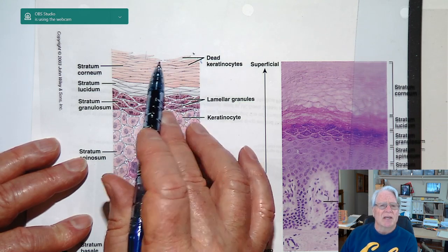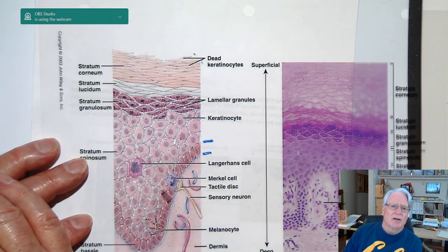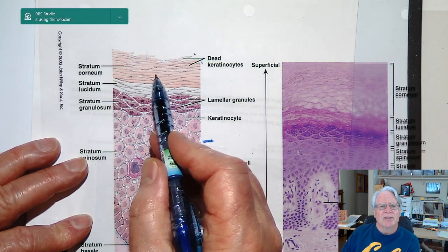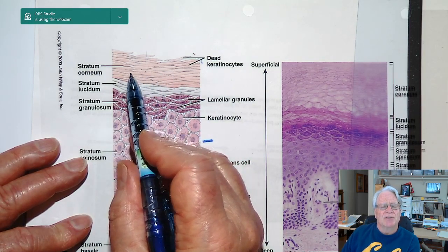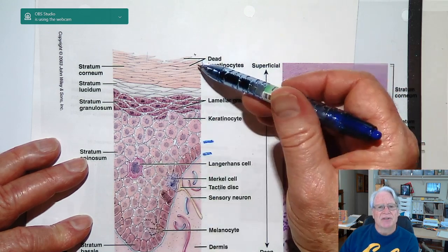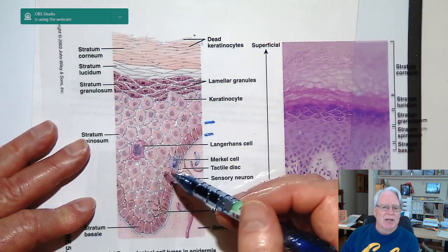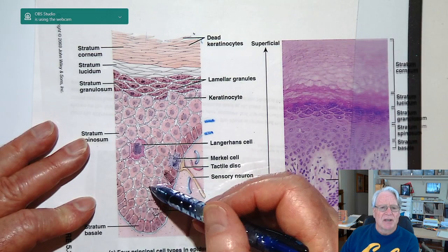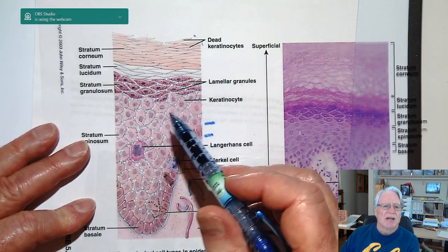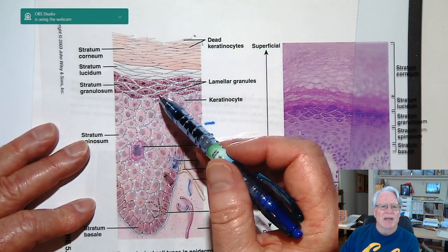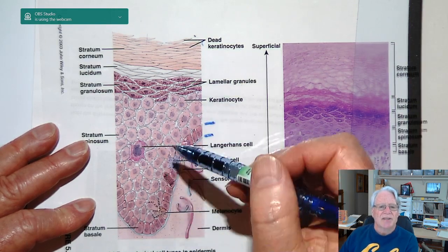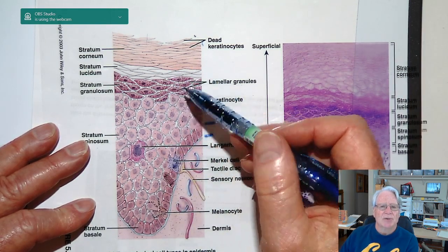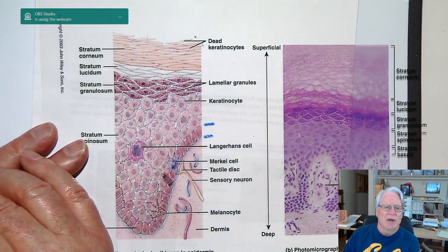You can see that they are not interlocking, but overlapping one another, as you see in this drawing. And so this is the surface of the skin. And as we go deeper, these are living cells. These are also living cells. And then as we progress further and further away from the source of blood, the cells begin to die, and they go through a developmental pathway, which we'll be describing.